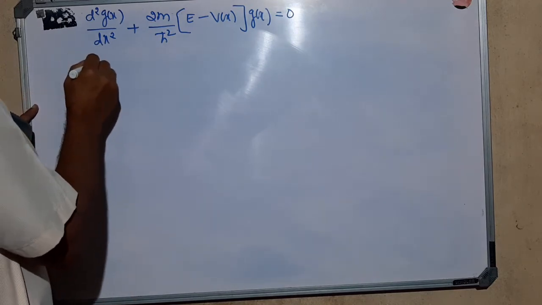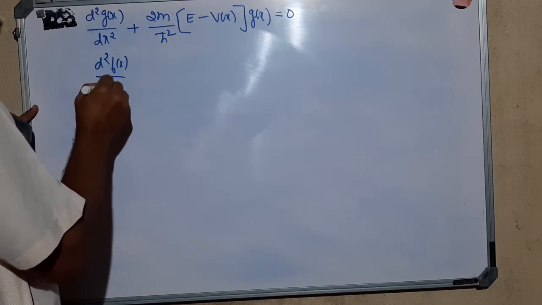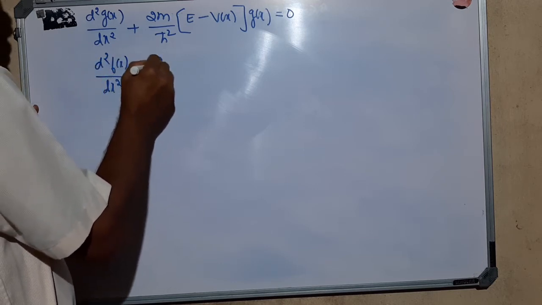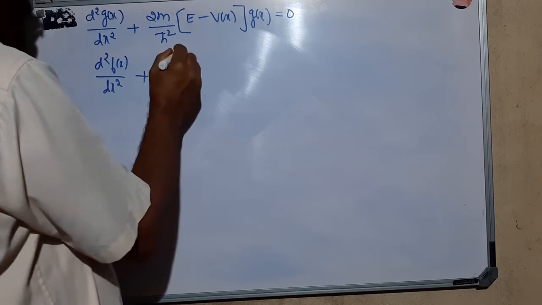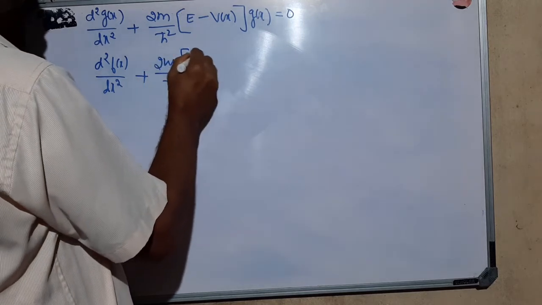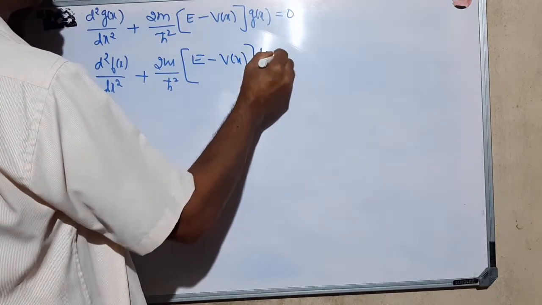Similarly, d square f of x by dx square plus 2m by h cut square into e minus v of x into f of x is equal to 0.